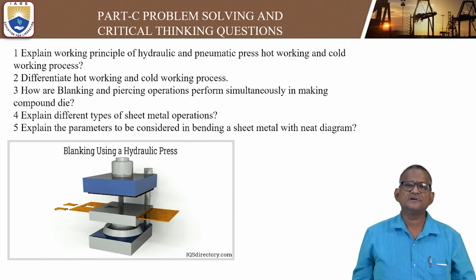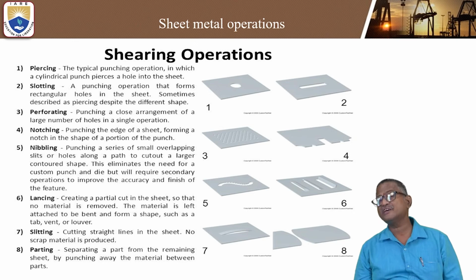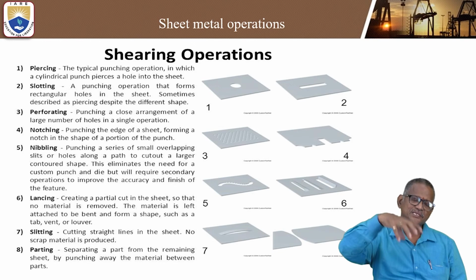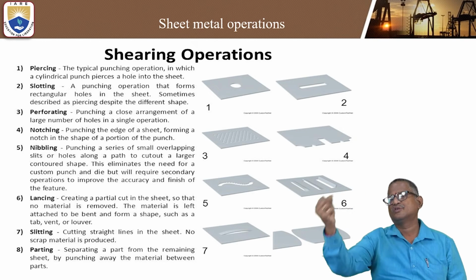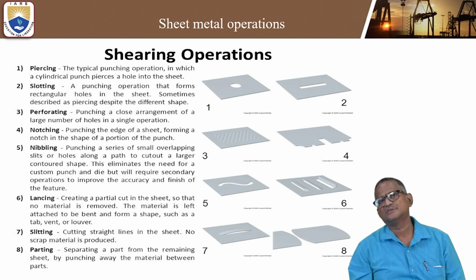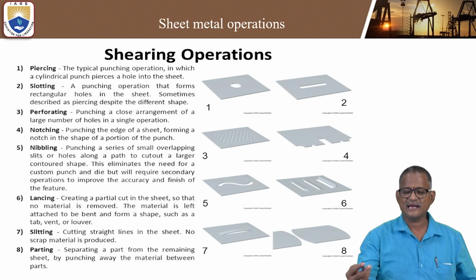Apart from that, you can see some of the shearing operations, which purely come under the cold working process. The first one is piercing. Piercing means the punched out part is the workpiece. Making the hollow portion is the punching or piercing process. So like that, you can clearly understand the diagram.